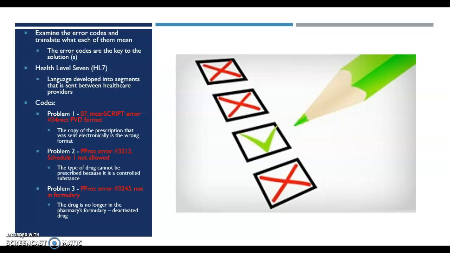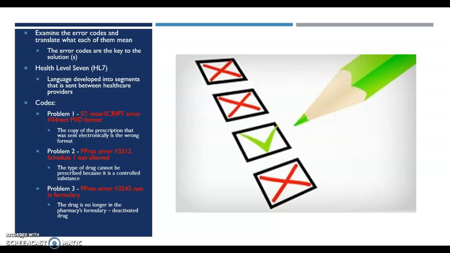The Health Level 7, the HL7 that I mentioned before, is a language developed into segments that is sent between healthcare providers. And these error codes are basically made up of these HL7 segments.